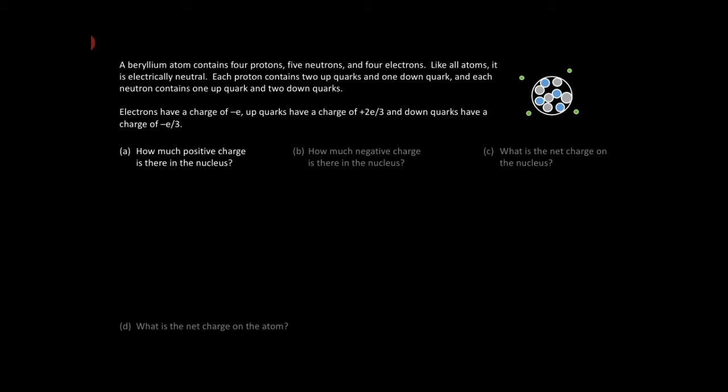How much charge is there on the nucleus? Well, we start with Q plus, that's what we want to find. It's going to be the total charge on each one of these times the number of them. So if I have n protons, and protons will have 2 up quarks, which have a charge of plus 2/3 e, and 1 down quark, excuse me.